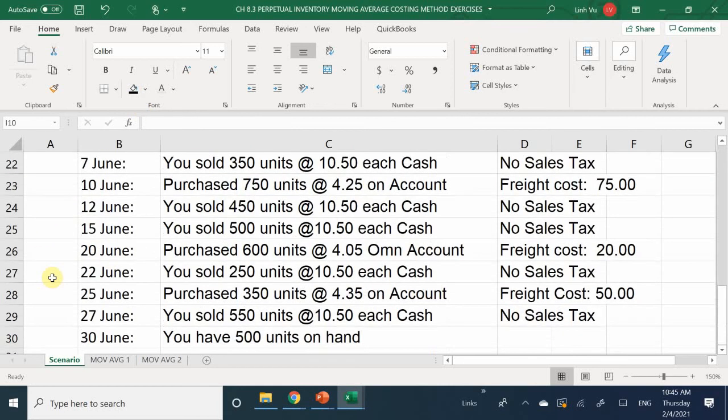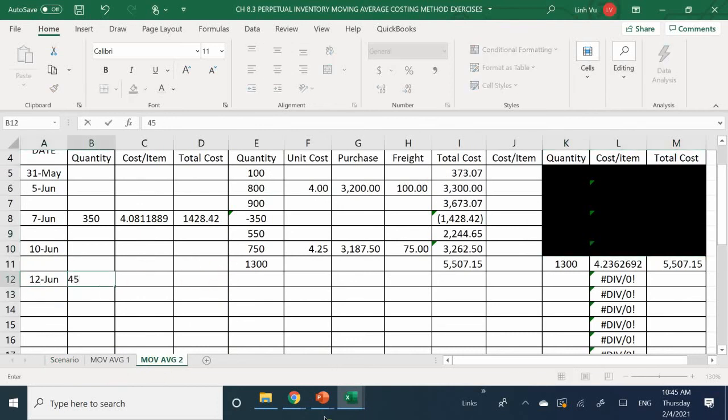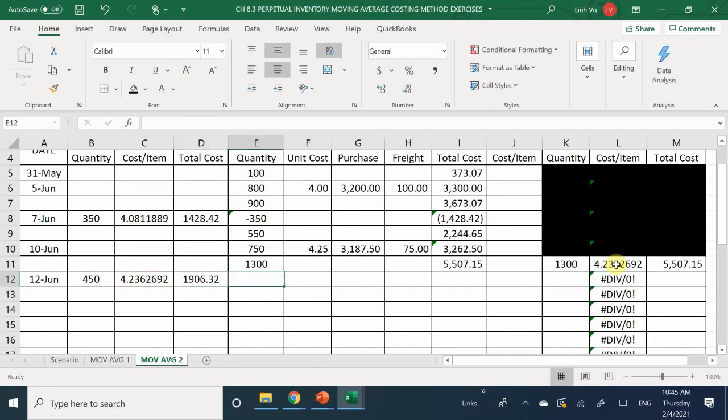So what has happened on June 12th? You sold 450 units on June 12th. And this one, we're going to take our average. So what is my total cost of goods sold here? $1,906.32 is correct.